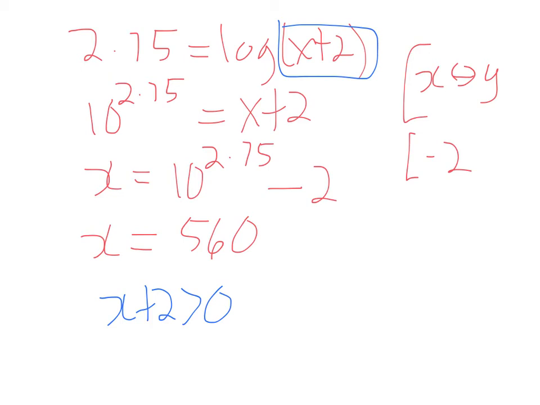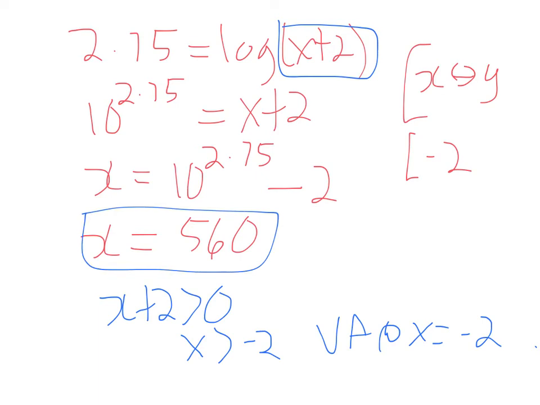In this case, we have a positive base of 10. So x must be greater than negative 2, and therefore we have a vertical asymptote at x equals negative 2. I've got my x-intercept, my y-intercept, and my vertical asymptote. So let's sketch those on the curve.